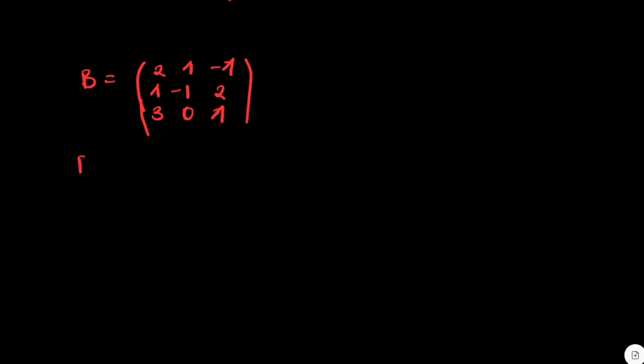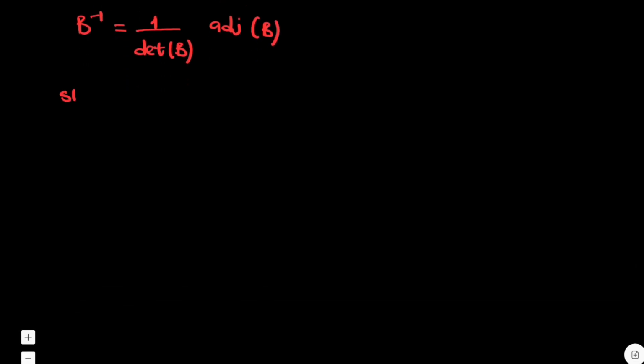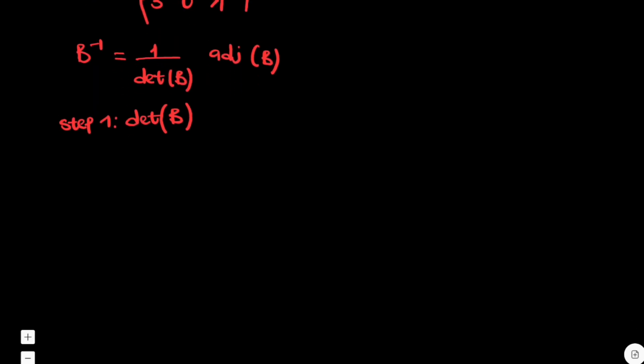The inverse of B is 1 on the determinant of B times the adjoint of B. So we have step 1, to find the determinant of B. Let me write back the matrix.